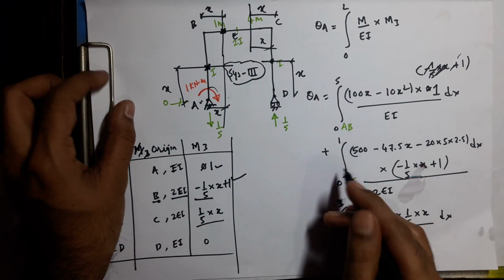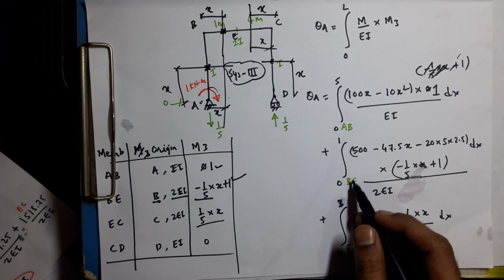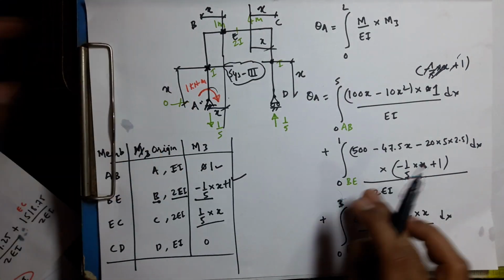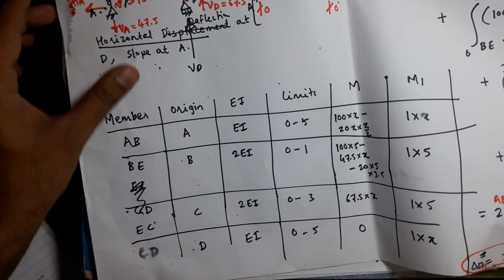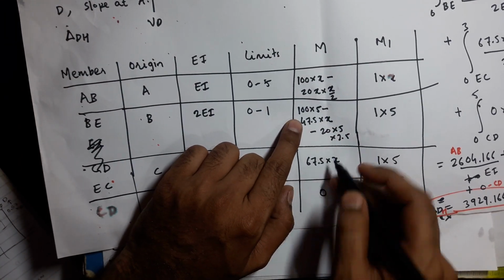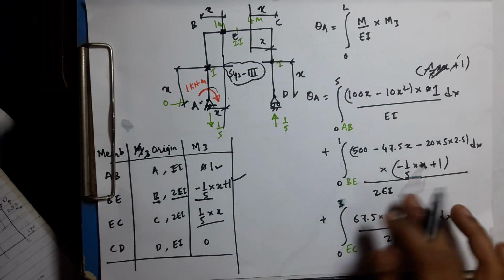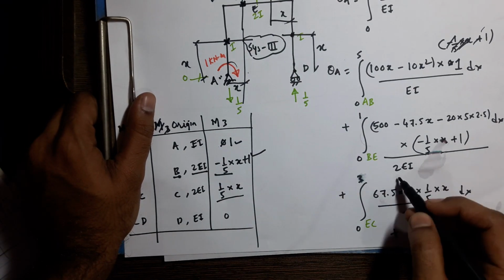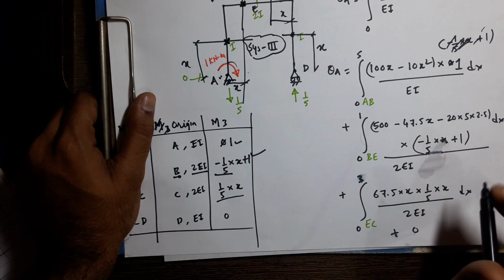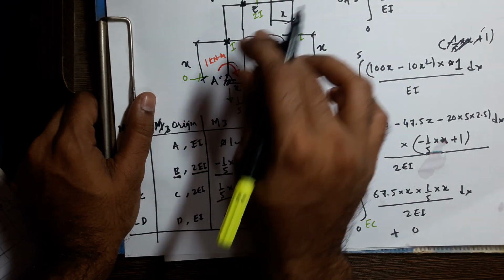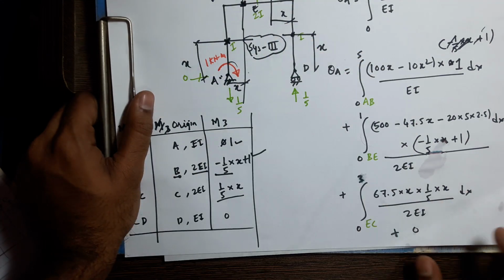Plus the next member, BE, with limit 0 to 1. M is the moment we calculated in system 1. Substitute M and M3 here, divided by 2 EI, because this beam has flexural rigidity of 2 EI.